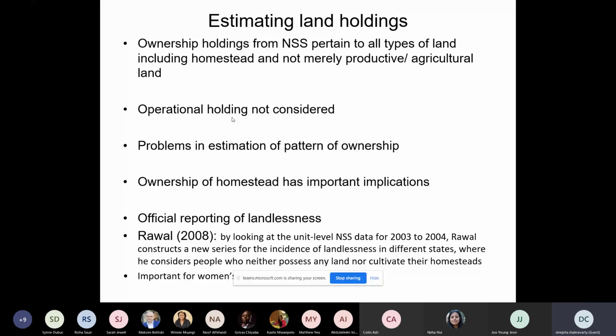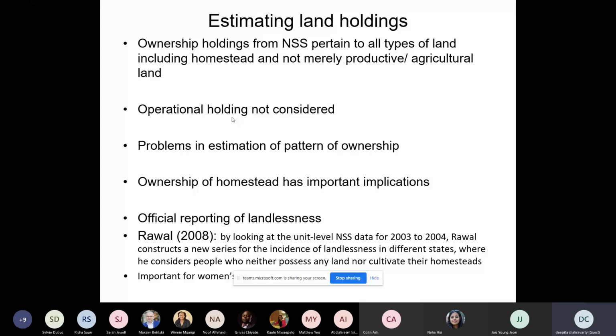On the basis of the unit level NSS data of 2003-2004, he constructed a new series for the incidence of landlessness in different states, where he considers people who neither possess any land nor cultivate their homestead lands.